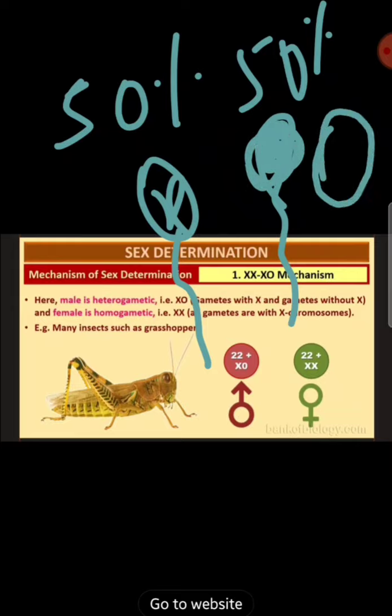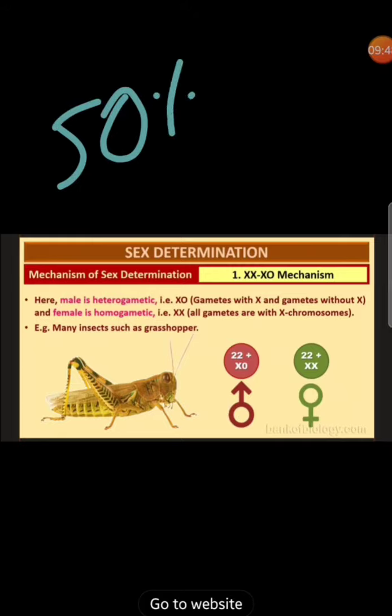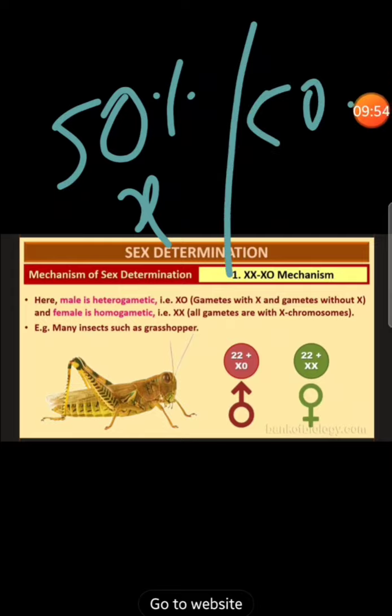That is why we denote it as O, or 0. So you can remember it as the X0 or XO mechanism. Half of the sperms get the X chromosome and half do not, and that is why we call it the XO mechanism.